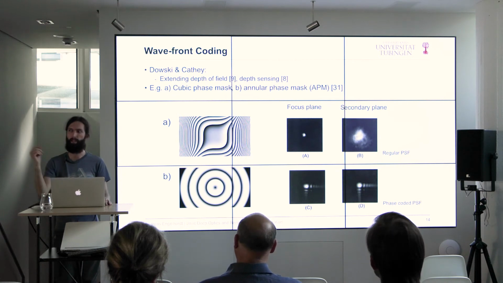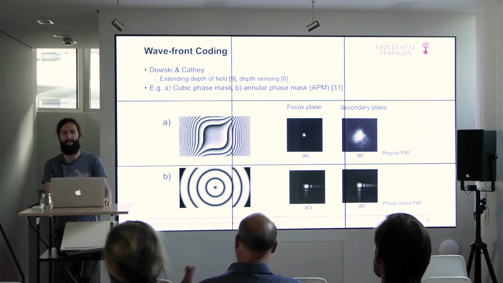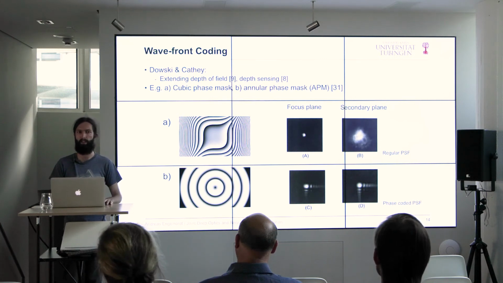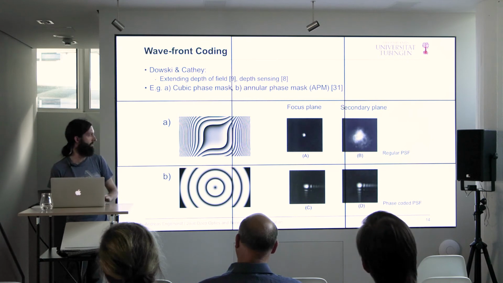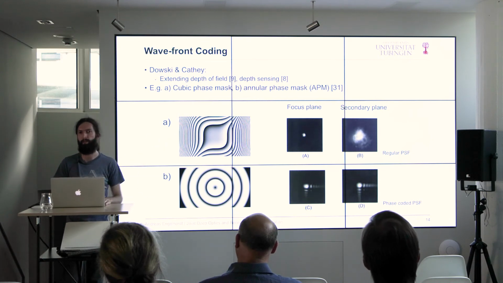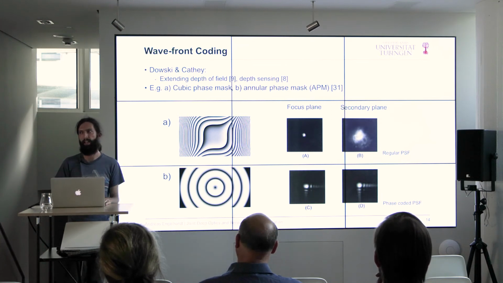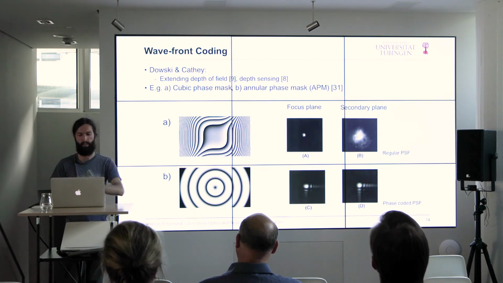Ideally, this would be just one pixel, or smaller than one pixel. For lower quality lenses this looks different, and especially if we change the distance of our light source, it gets defocused and we get a PSF that looks like the one on the right. You can think of this more or less like a blur kernel of your image, and this is also how we can formulate the image formation, which I'm going to talk about in a second.